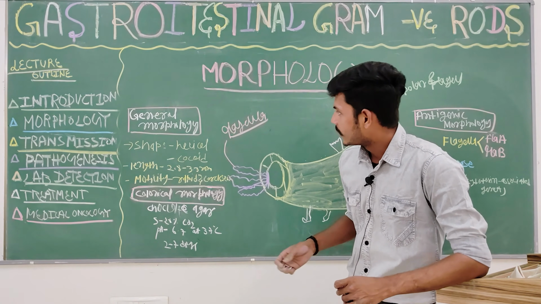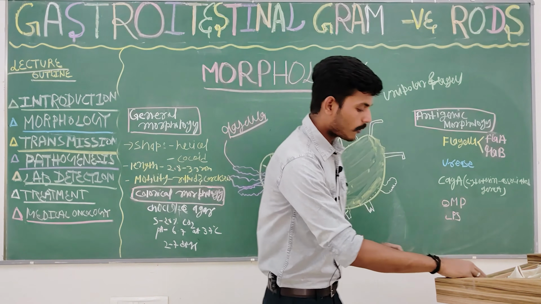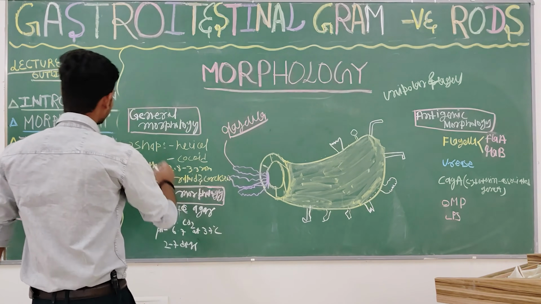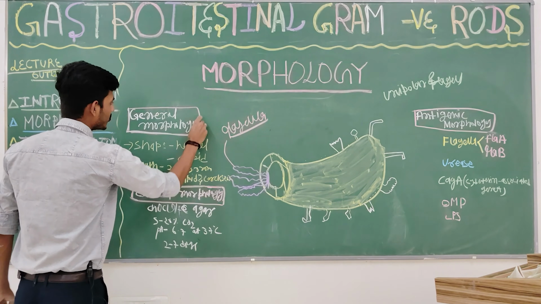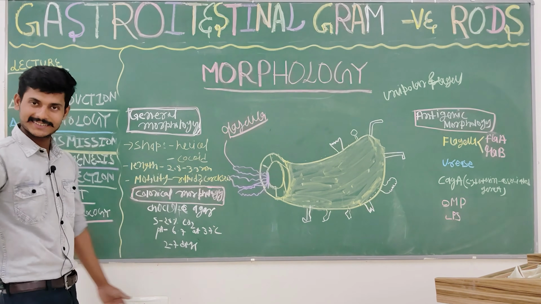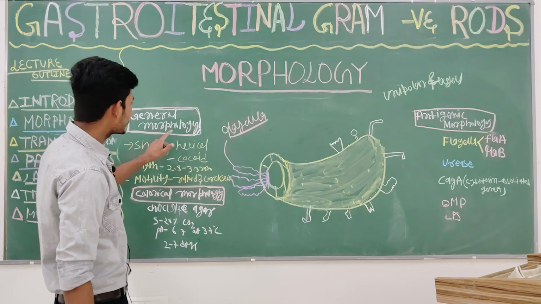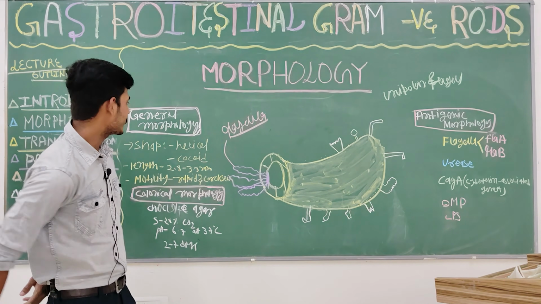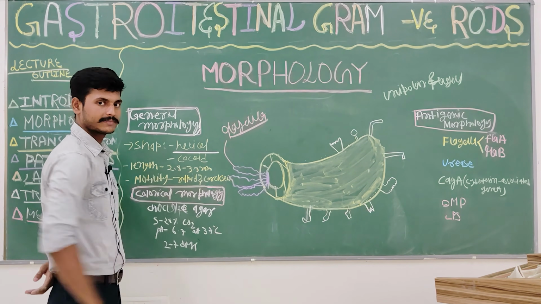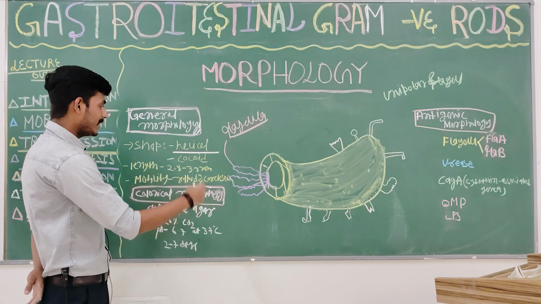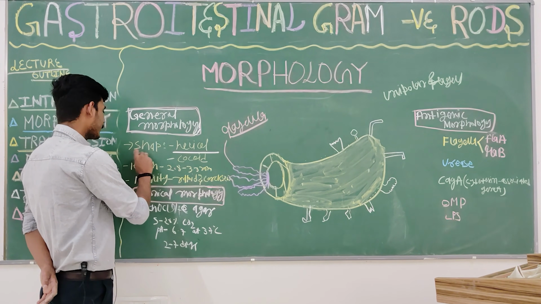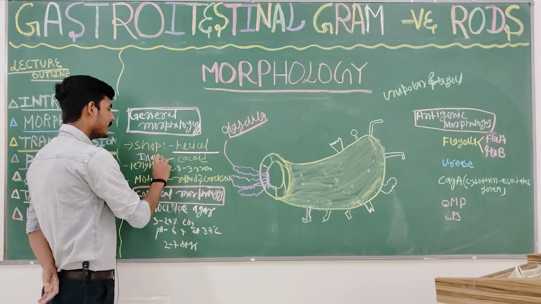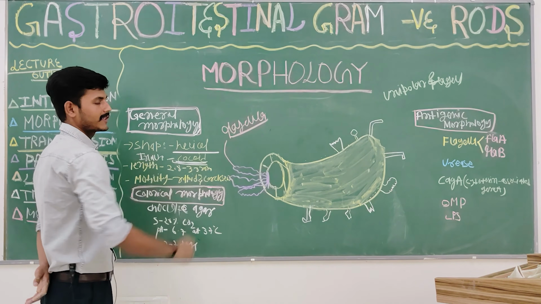Now, let's see their morphology under our regular headings. First is their general morphology. Their shape is helical, but in the inactive state, remember, it becomes the coccoid shape.